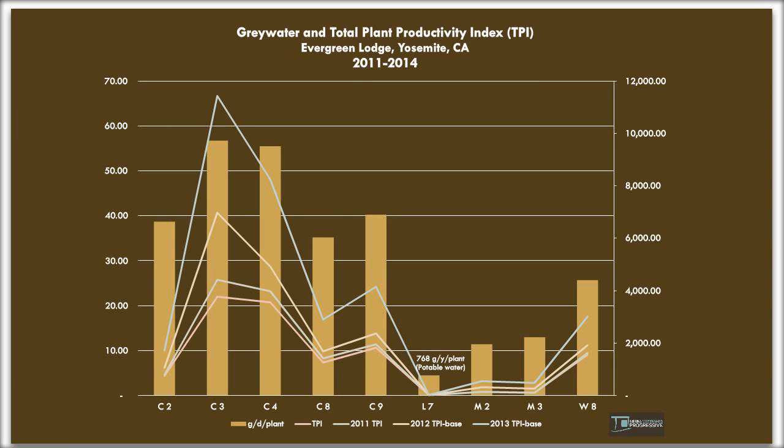This shows the cabins that are used and occupied more often correspond to the plant growth that is surrounding them. If you take a walk through Evergreen Lodge, you can see the cabins that are near the pool, occupied all the time, have tremendous plant growth. And the ones on the corner that aren't as nice or as desired have pretty stunted plant growth. And that's just all this is saying.